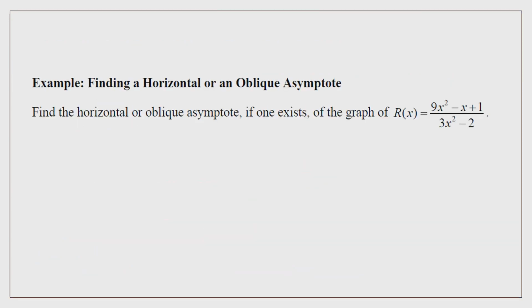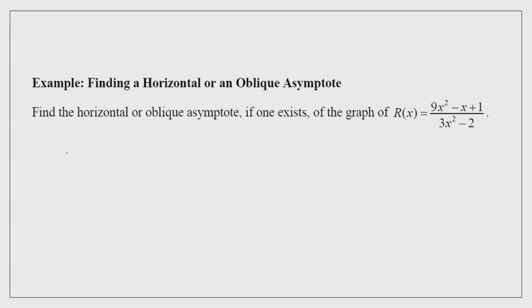All right, our next example, we need to find the horizontal or oblique asymptote, if one exists, of this function r of x equals 9x squared minus x plus 1 divided by 3x squared minus 2.